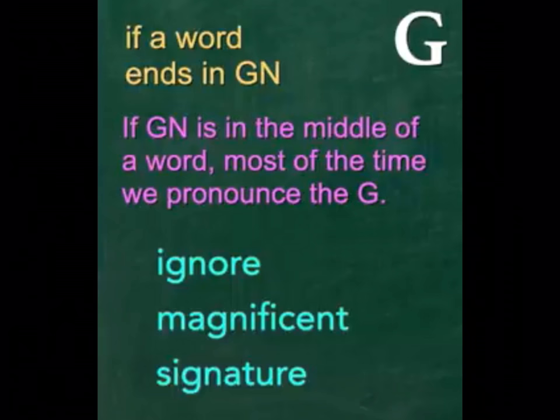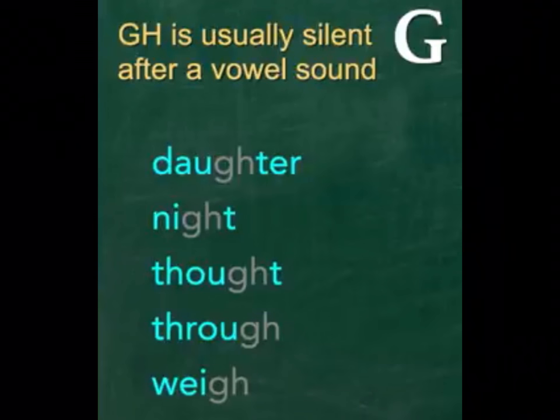Okay, and now here we have some more. GH is usually silent after a vowel sound, like daughter, night, thought, through, and way.